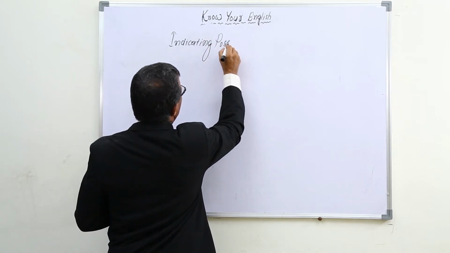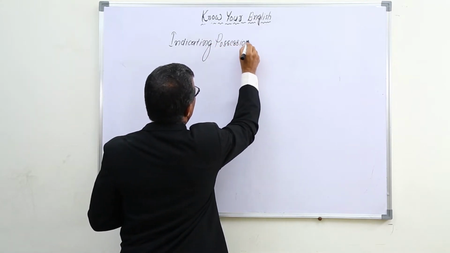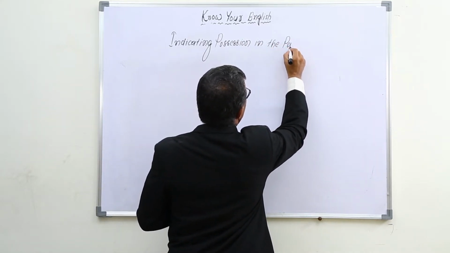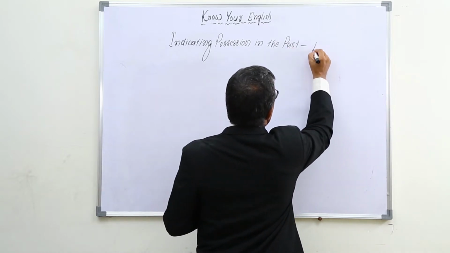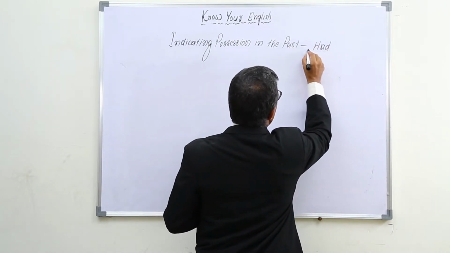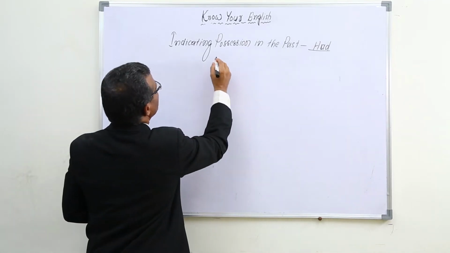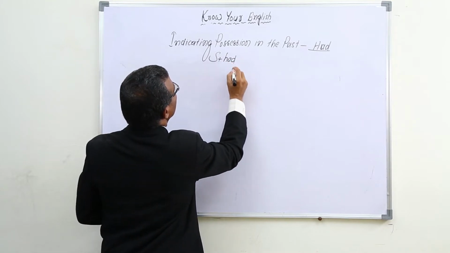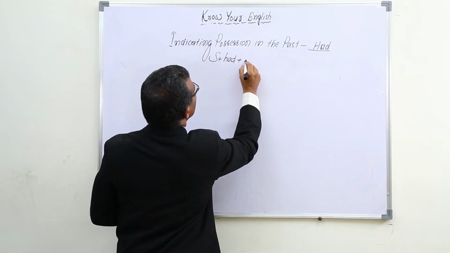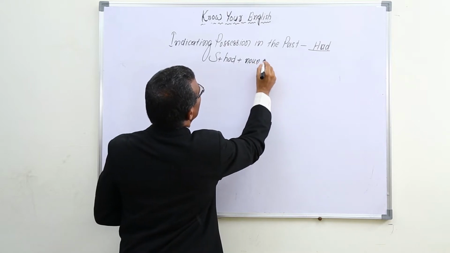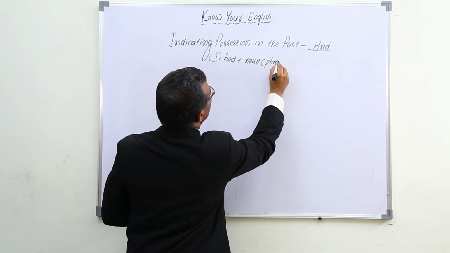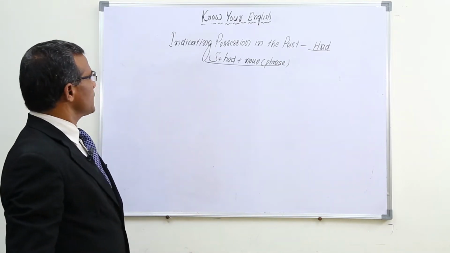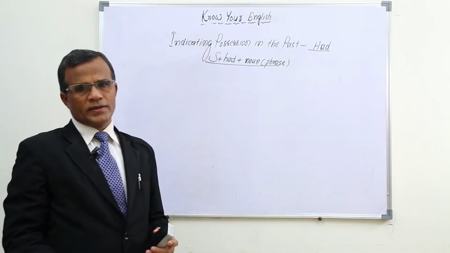We use had for this one, and the structure is subject plus had plus noun or any noun phrase. This is the structure of it, indicating possession in the past using had.